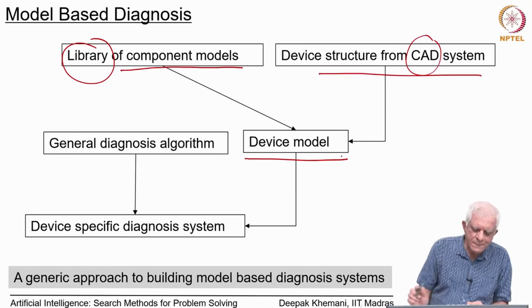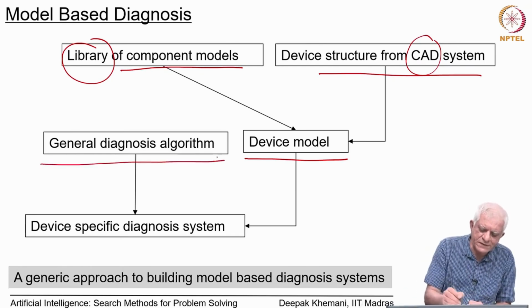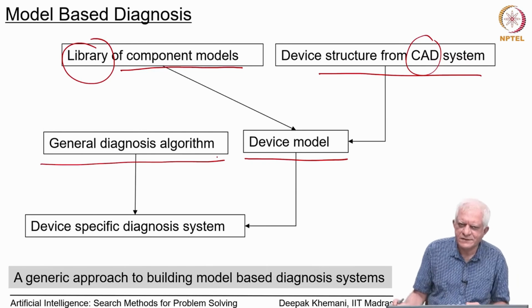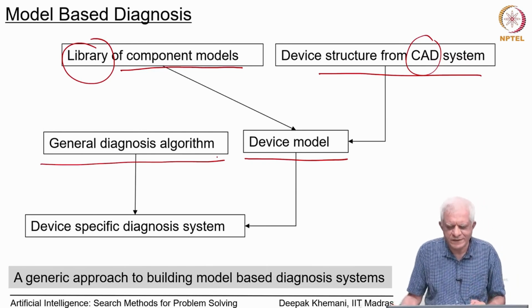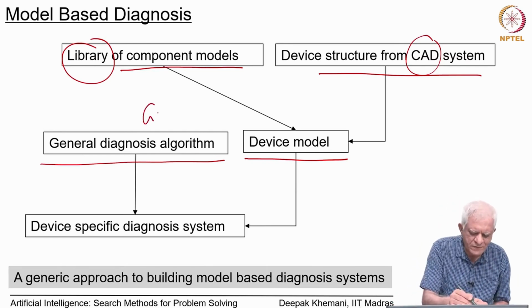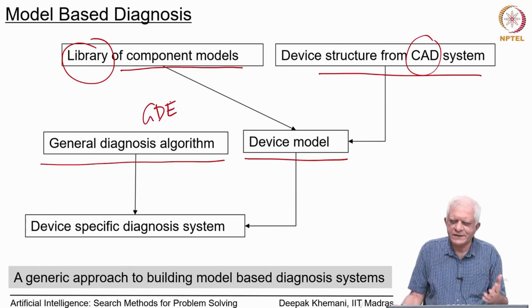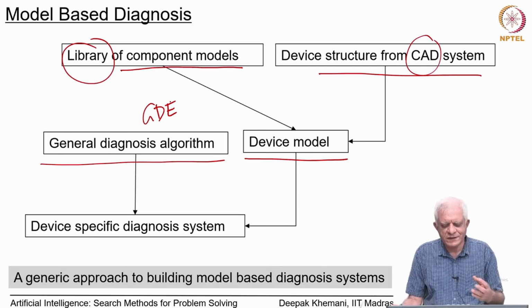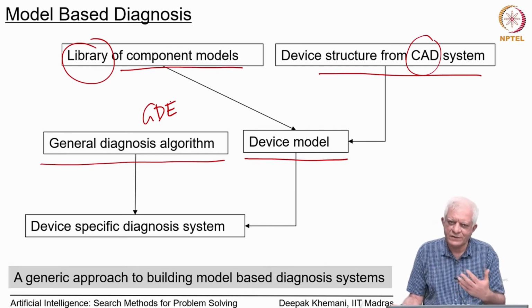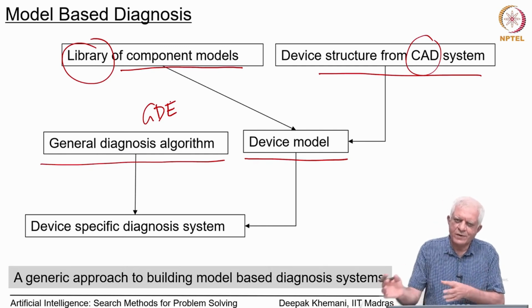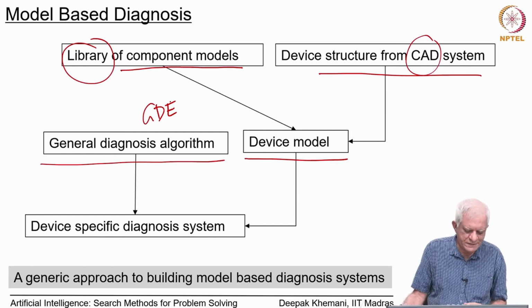Once you have a model, you use a general diagnosis algorithm. Some people call it the general diagnosis engine, GDE. You can just look it up. It is in the same spirit as our entire course, that our problem solving algorithms are general, and the problems have to be plugged in, essentially.